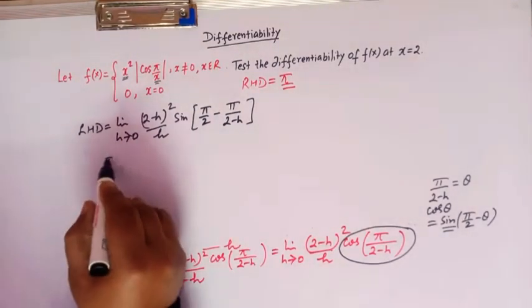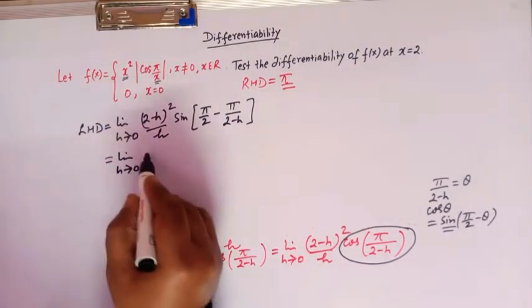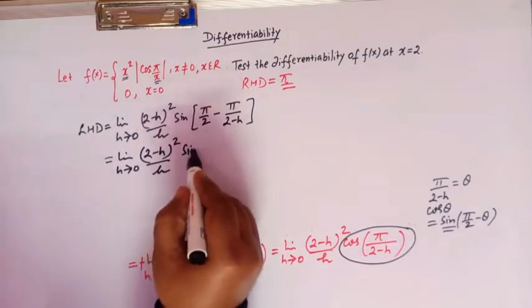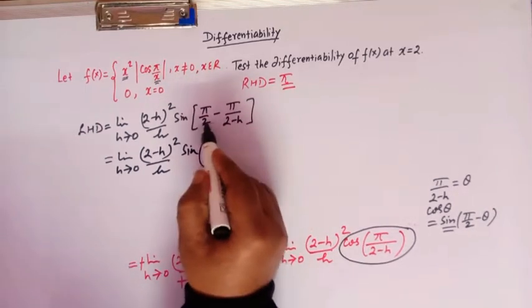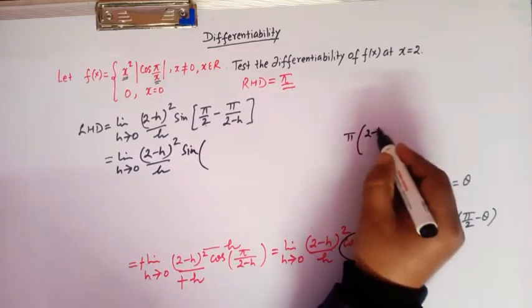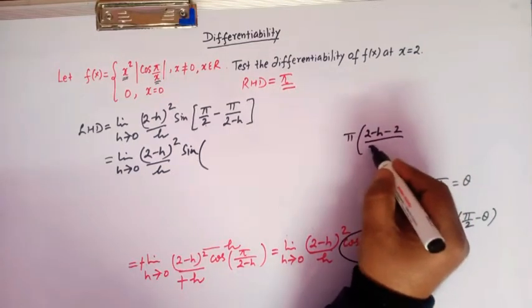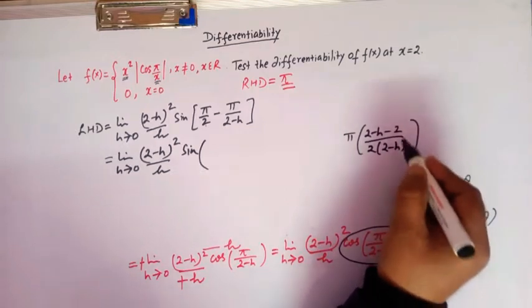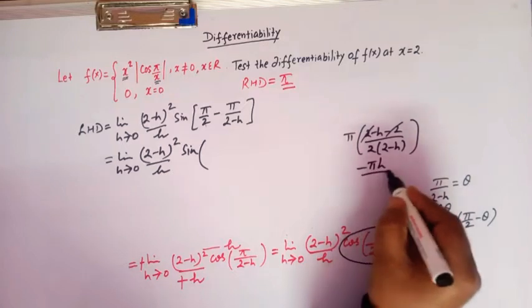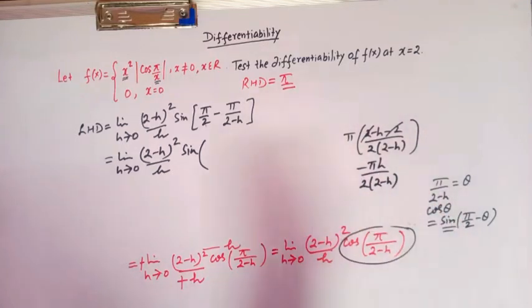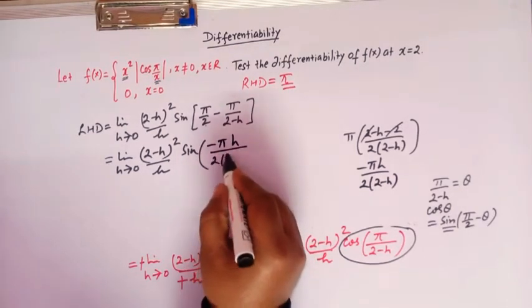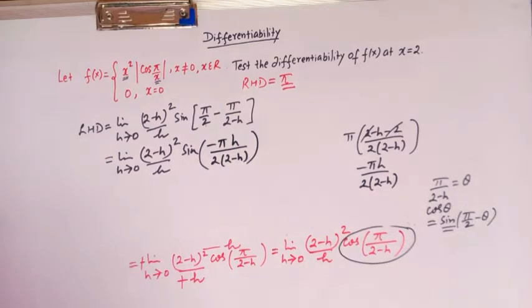Okay, so now if we simplify these two terms, we'll get pi times 2 minus h minus 2 over 2 times 2 minus h. This 2 and minus 2 get cancelled, so we have minus pi h over 2 times 2 minus h, right?